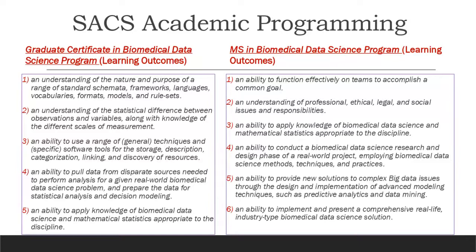But the certificate, what do you get out of this certificate in biomedical data science?